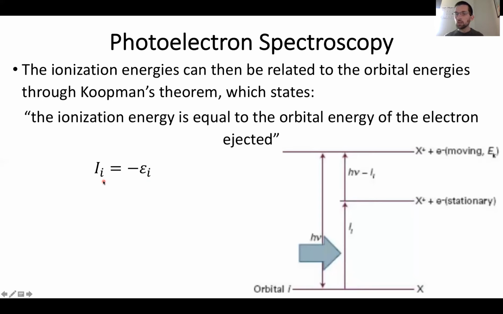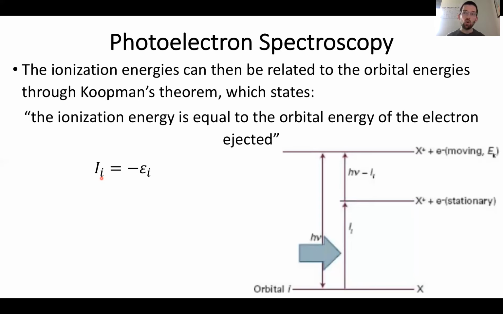Now, one of the really important parts of this specific theorem and this general technique is that I go ahead and shoot a molecule with a set of photons of a given wavelength. Well, I'm not just going to be getting one electron out because there isn't just one MO.